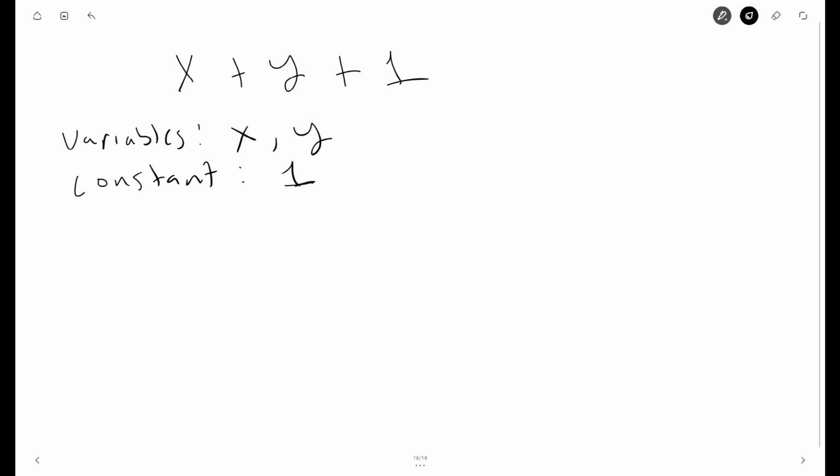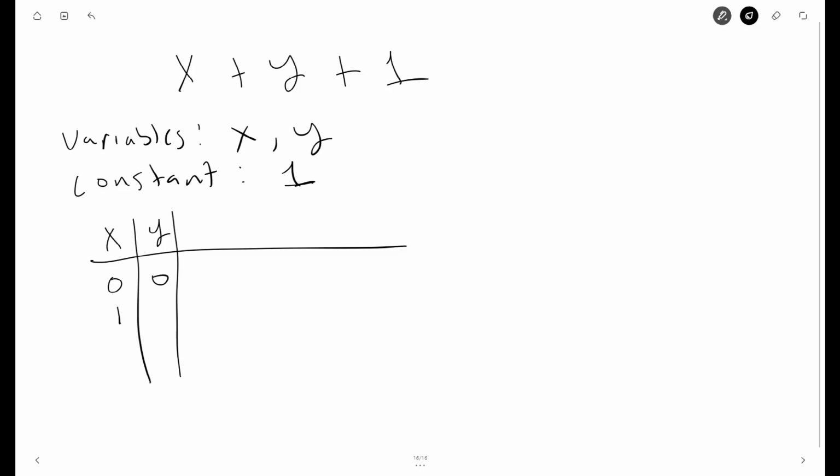Let's make a table: 0 0, 1 1, and -2 -2, and we're outputting x plus y plus 1.